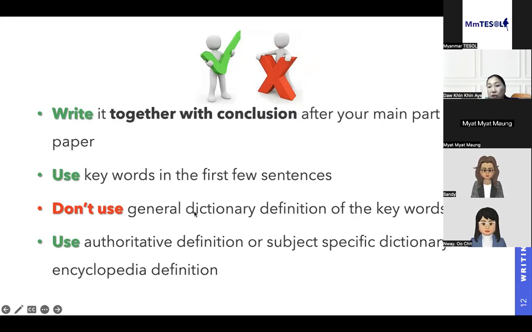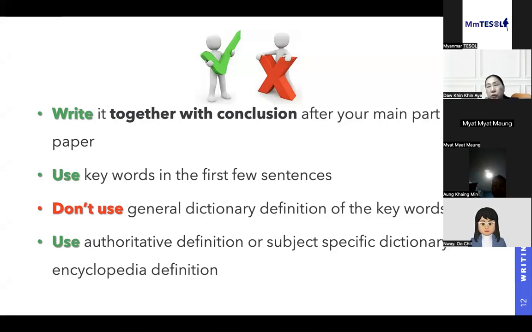These are all related to when we evaluate or analyze teaching courses. Whenever you describe keywords, normally we need to explain or define them, but don't use a general dictionary definition of keywords.